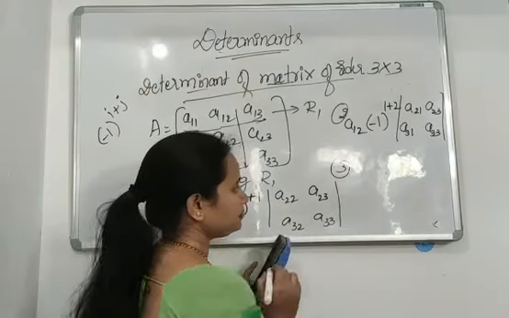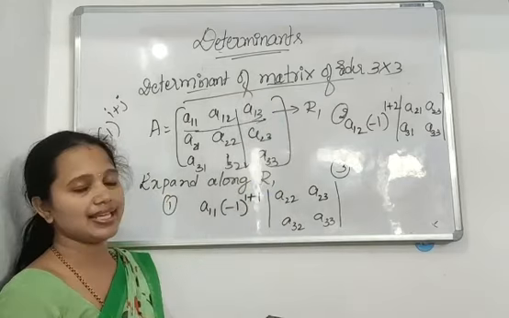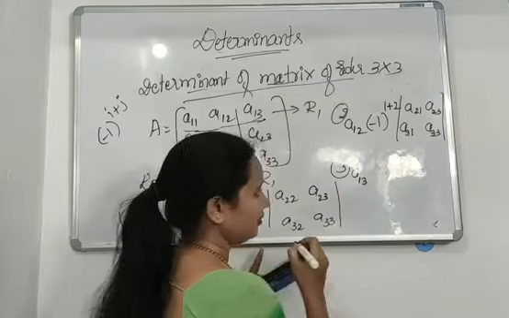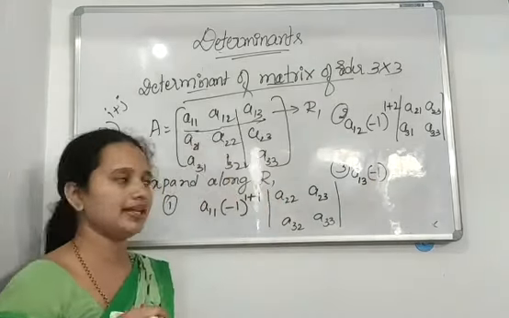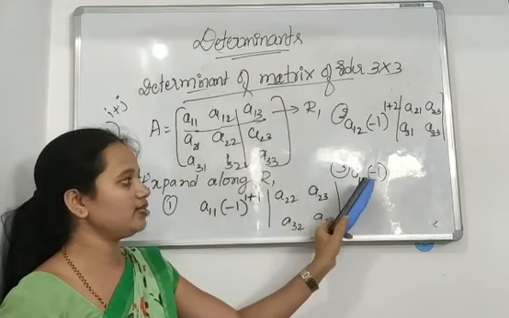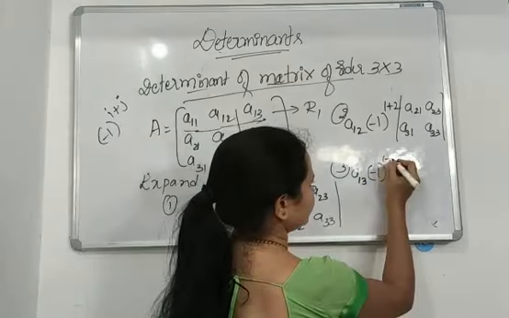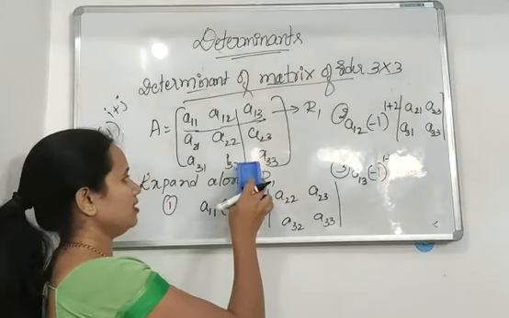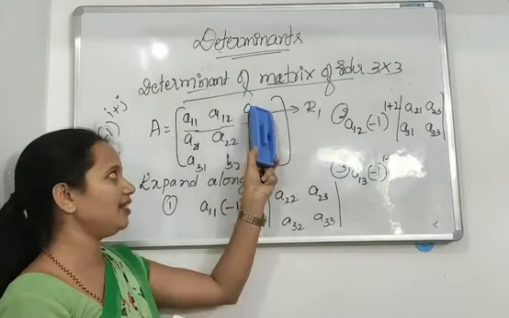In the third step, the last element in the first row is A13. Again take minus 1 power I plus J. Here I value is 1 and J value is 3. And again delete the row and column.